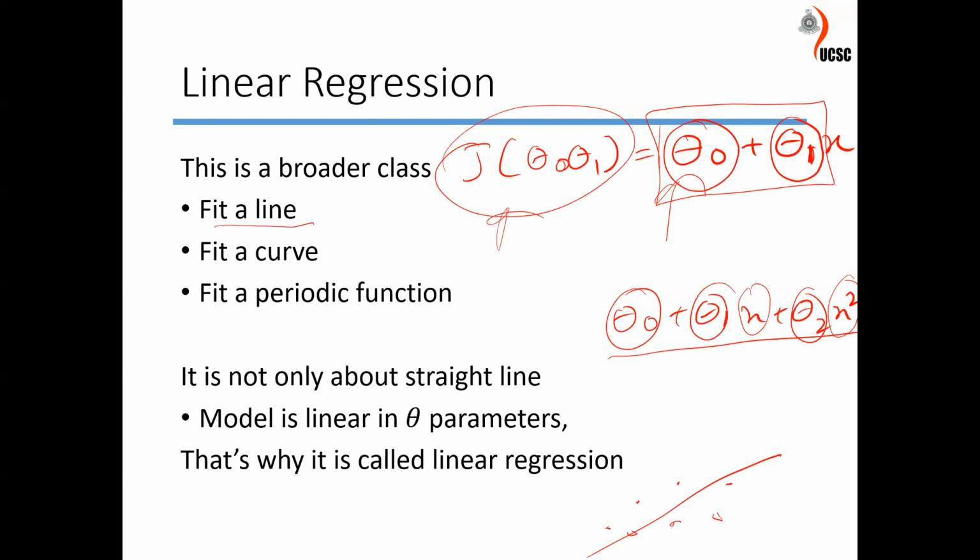So it's not about the straight line. Our model is linear in the theta values, that means theta to the power 1, theta 1 to the power 1, like that. But in the sense of x, we can have x to the power 1, x squared, x cubed, like that. In the sense of theta, that's linear. So that's the end of linear regression.